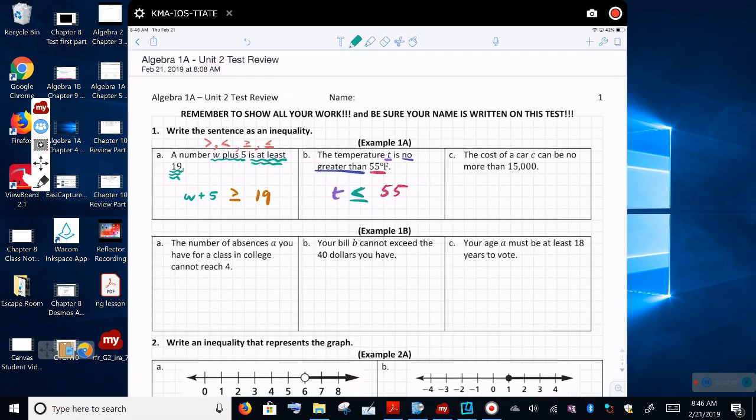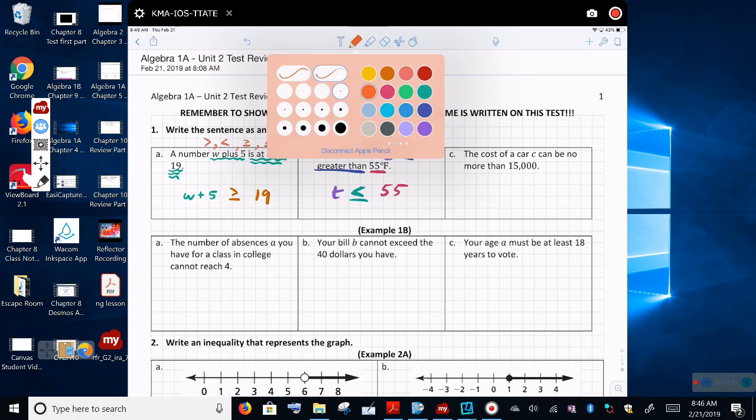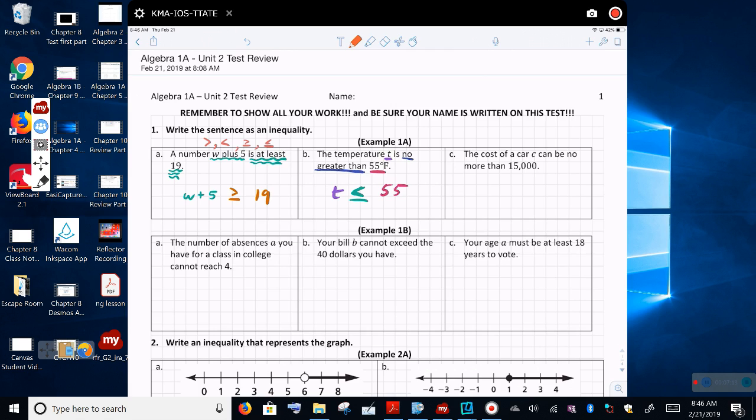And then our last one. So your car C, that's one part, can be no more than 15,000.